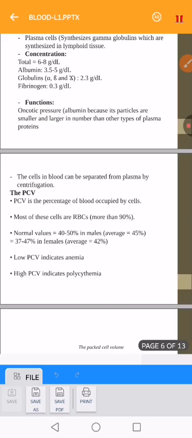But the PCV is not just for RBCs, it's for all cells. Why do we call low PCV anemia? Because RBCs occupy the higher percentage of cells in the blood.